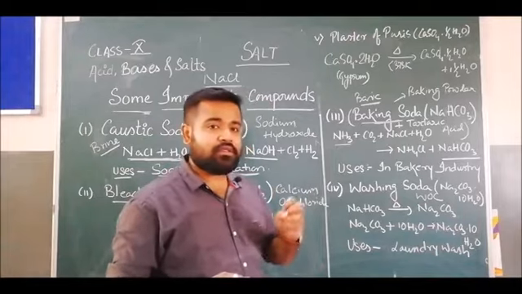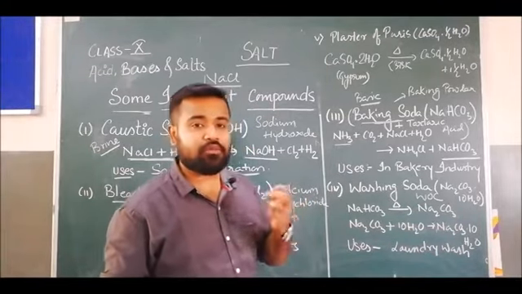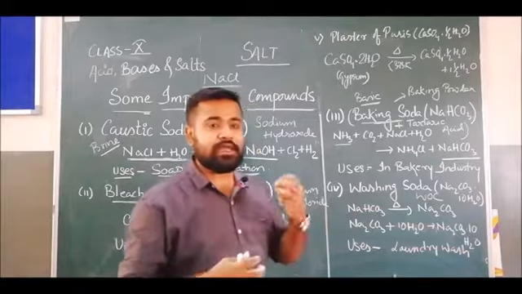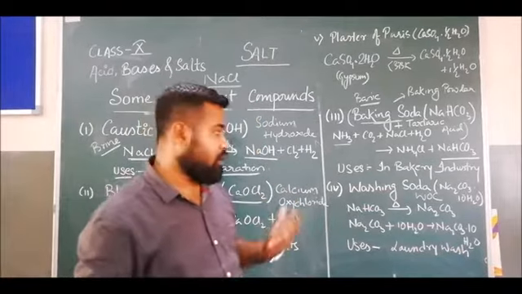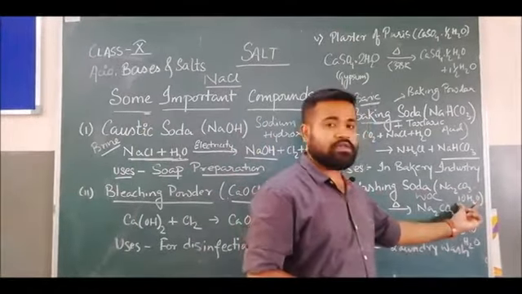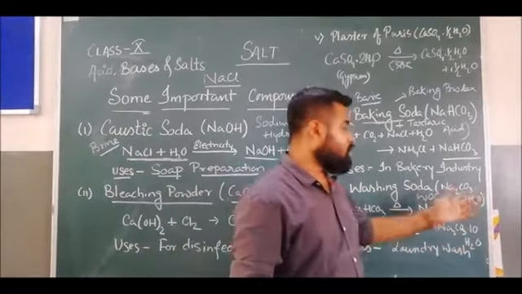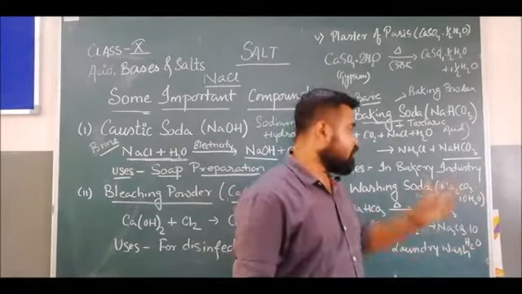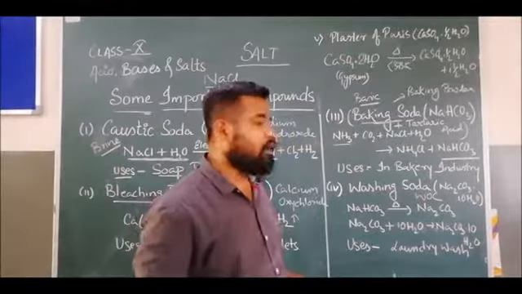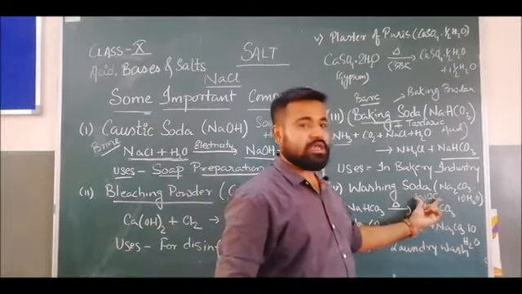Suddenly by cooling, they will crystallize out with some water molecules. This is the water of crystallization, meaning it possesses 10 molecules of water. The crystal of sodium carbonate possesses 10 molecules of water, that is called water of crystallization.